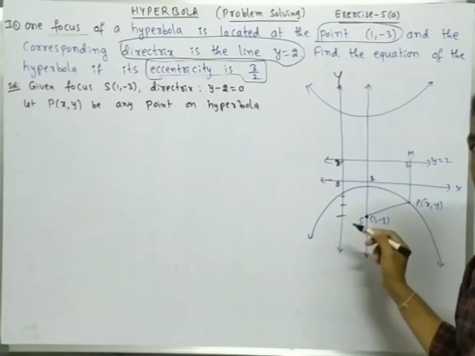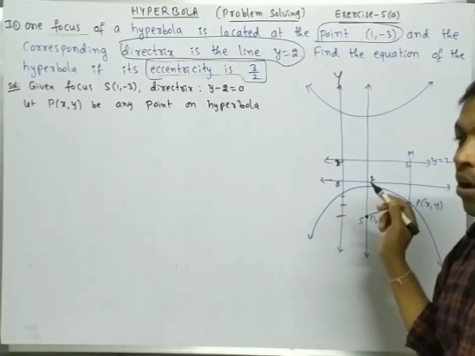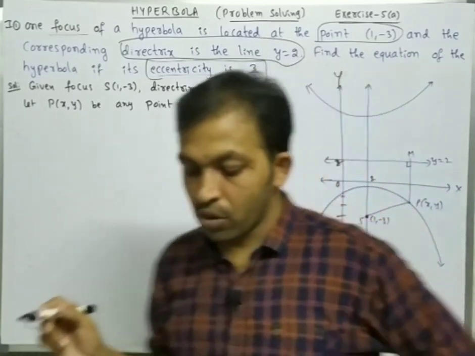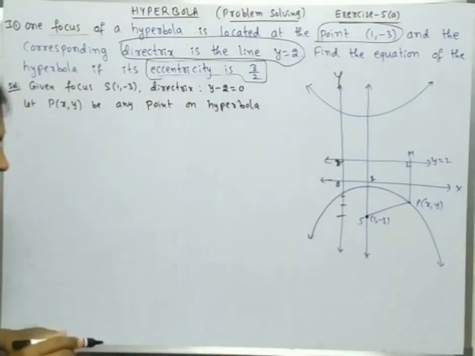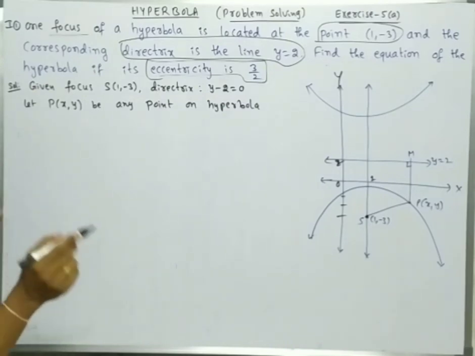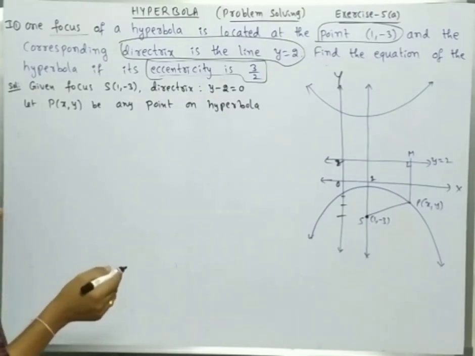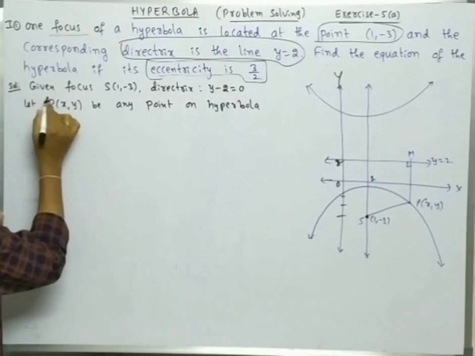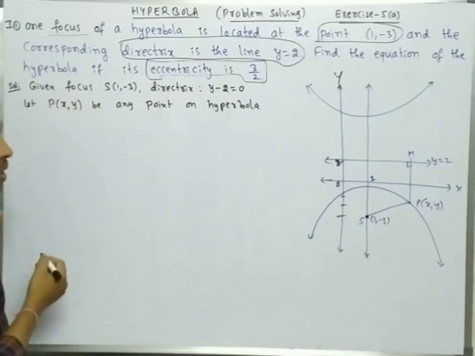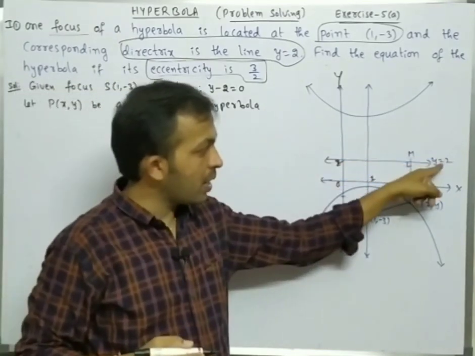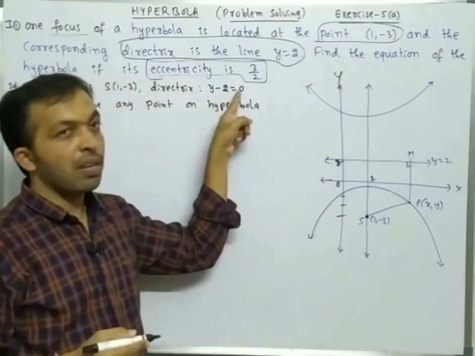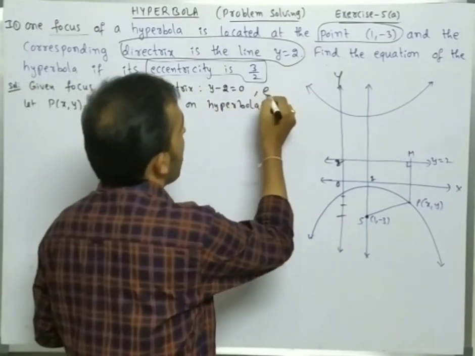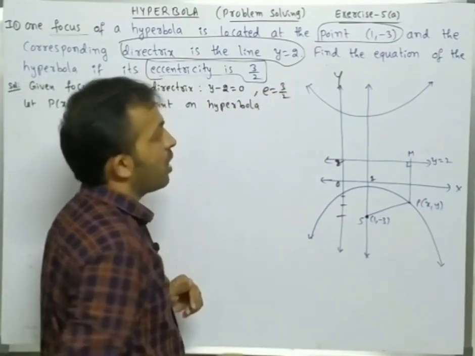So our hyperbola is of this shape, so we should derive the hyperbola of the fourth form, or in general form also we can solve. Given focus S is (1, -3) and the equation of the directrix is y = 2, that means y - 2 = 0, and eccentricity is 3/2, right?